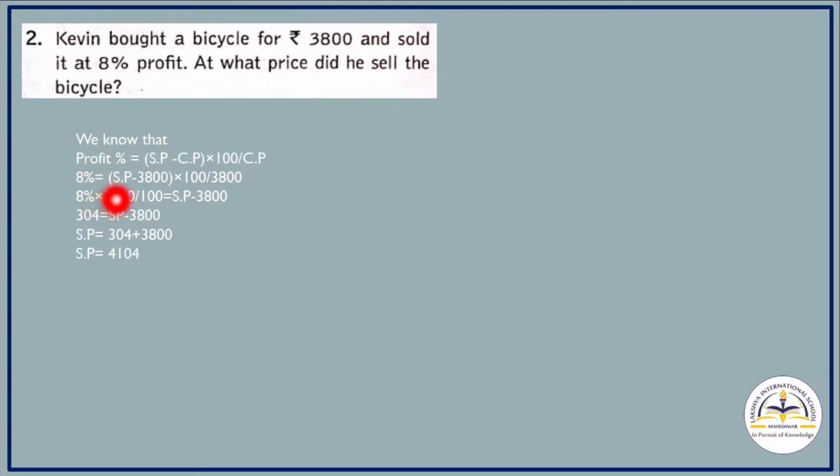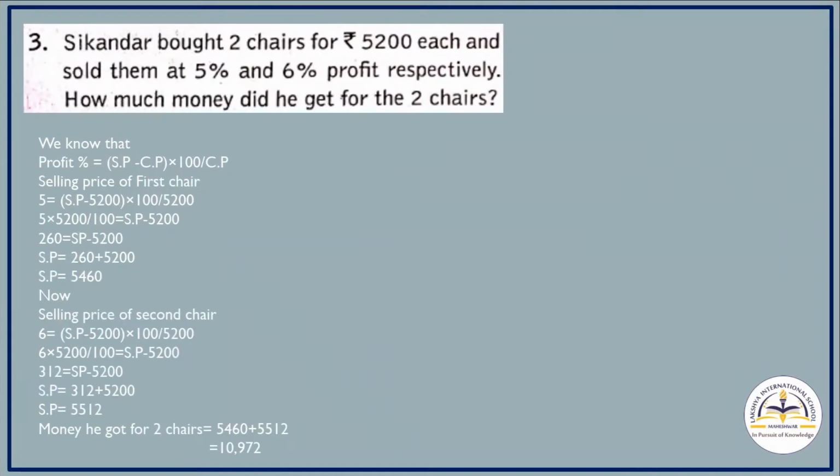So 8% equals selling price minus cost price, into 100 divided by the cost price, that is 3800. When you solve this, you will get the selling price, that is 4104.